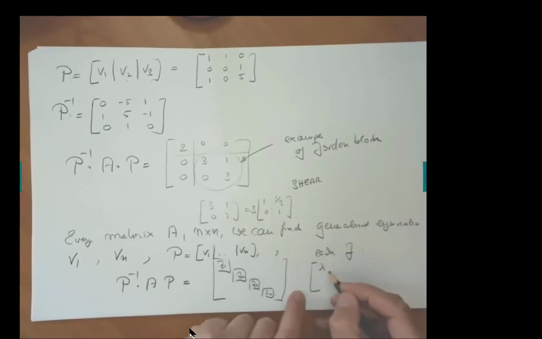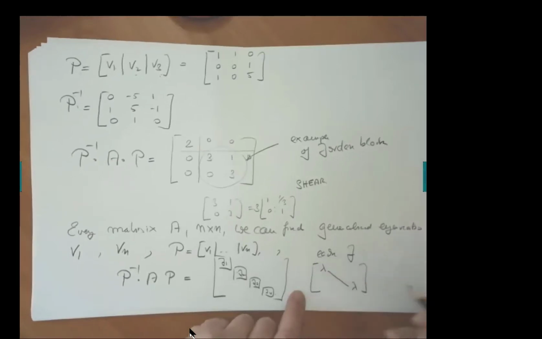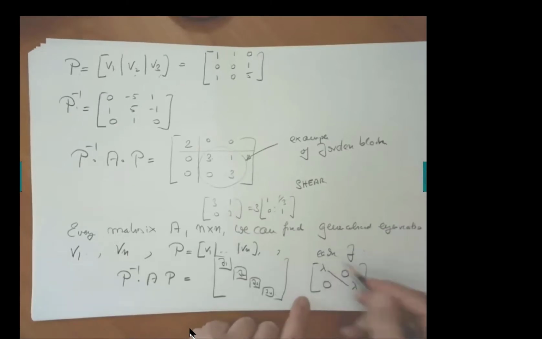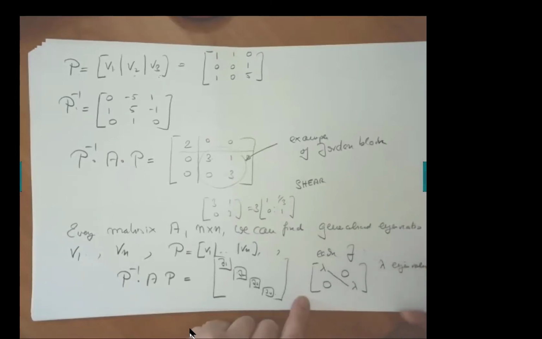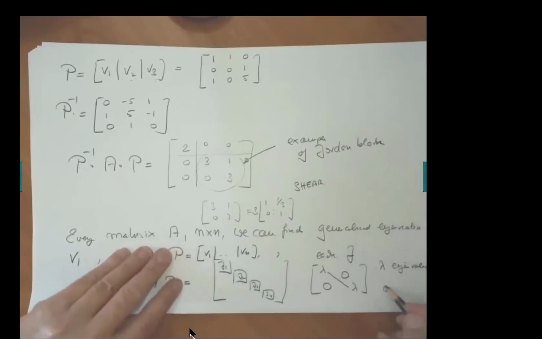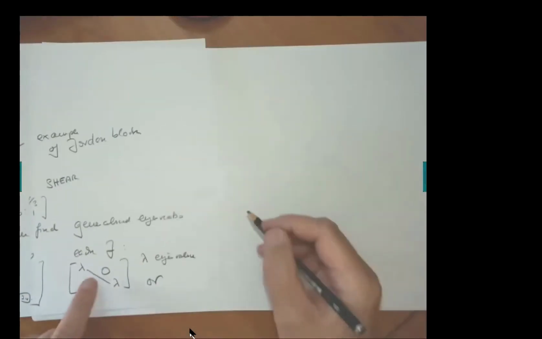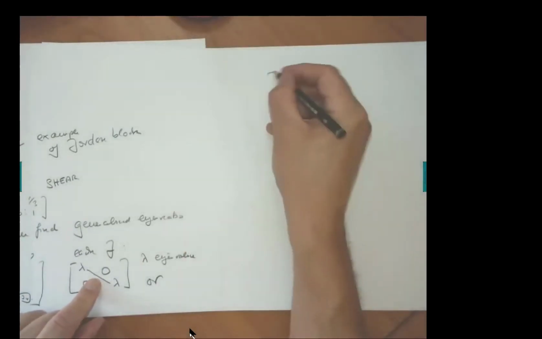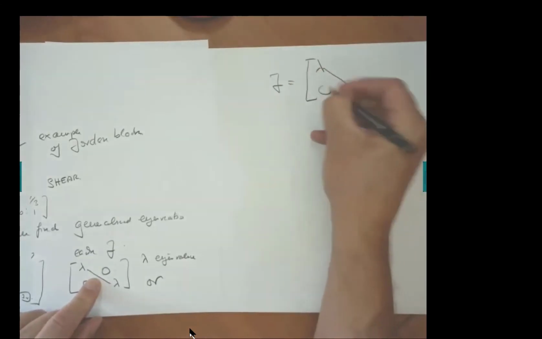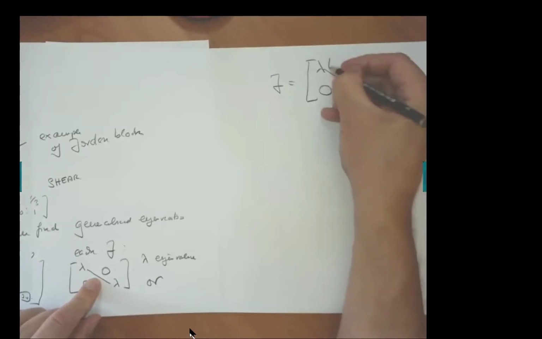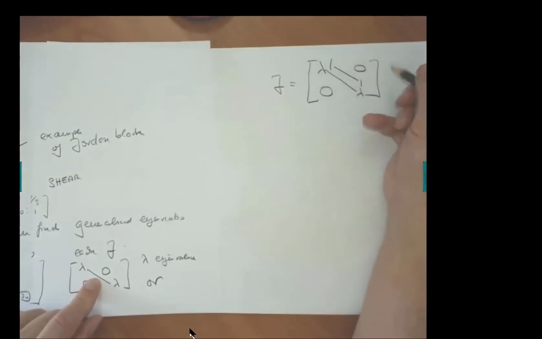It's either a diagonal matrix, only eigenvalues, or, sorry, I have to switch to the next page, J looks like lambda along the diagonal, 0 down here, and 1s on top, and 0 up here.